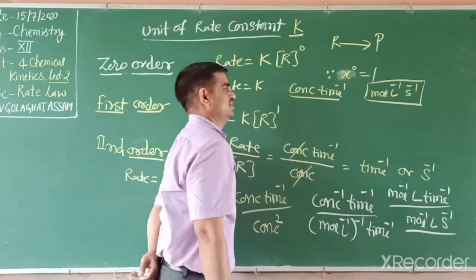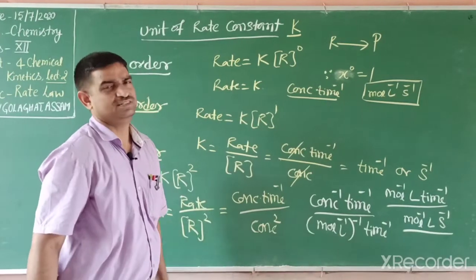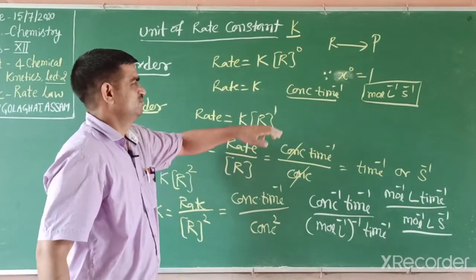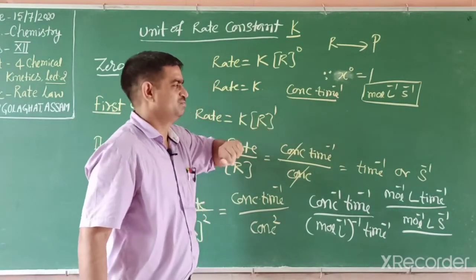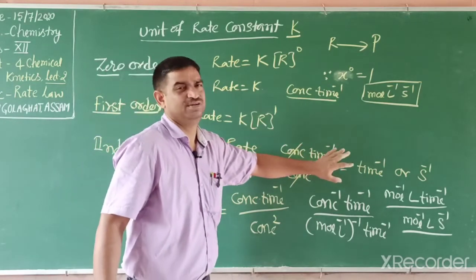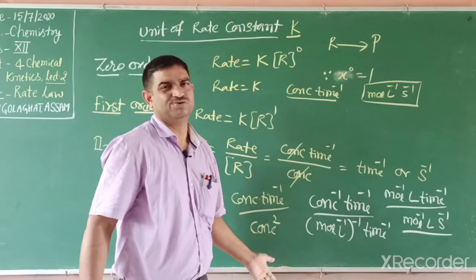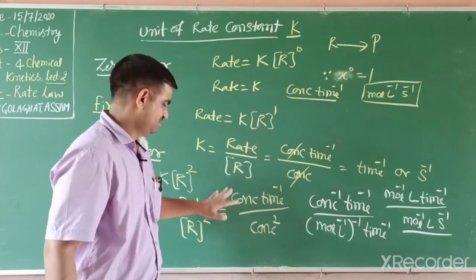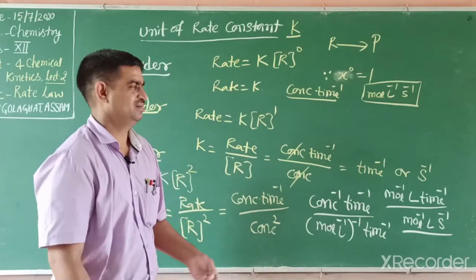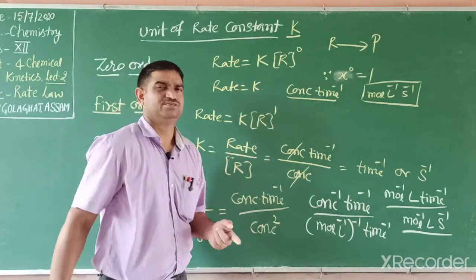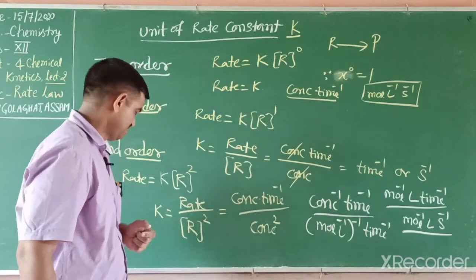So students, these are the units. By these units we can identify for zero order, that is the rate of reaction, for first order only time inverse, and for second order this one. In this way we can find out the order of any reaction from the rate constant unit. By this unit we easily identify it.